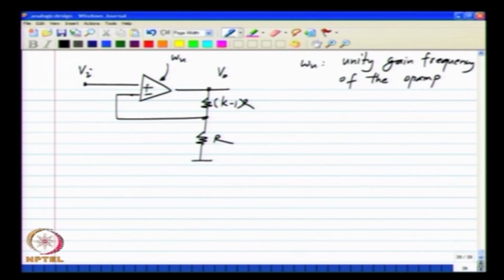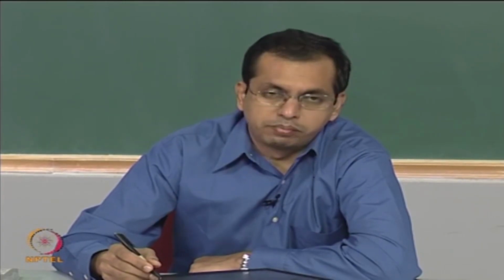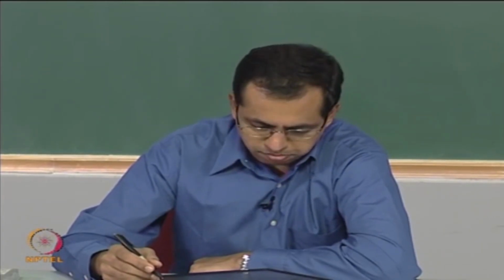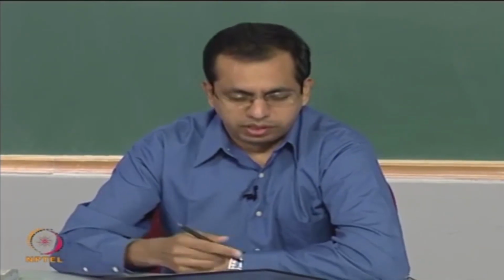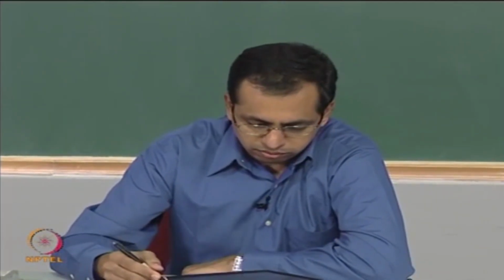So, we also know that V naught by Vi will be k by 1 plus s times k by omega u for this particular amplifier structure. Okay. Now, there is also a concept of an ideal op amp.